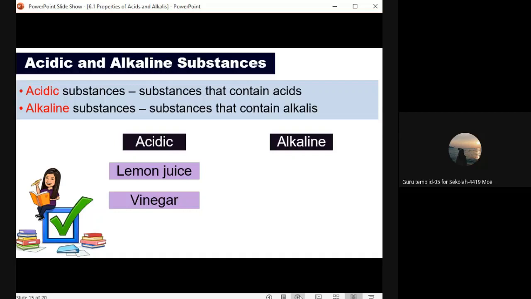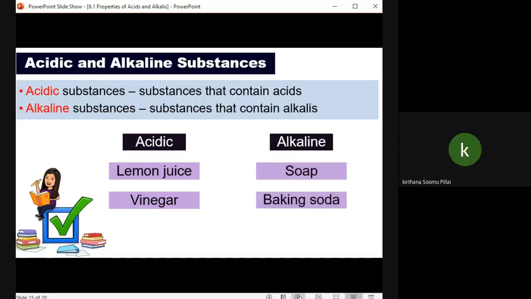Baking soda, no. Coffee. So baking soda is actually alkaline substance. Okay. Baking soda ni adalah ingredient yang kita guna untuk bake lah. Bake cake ke, cookies ke. Right?